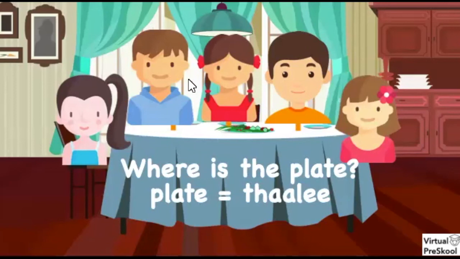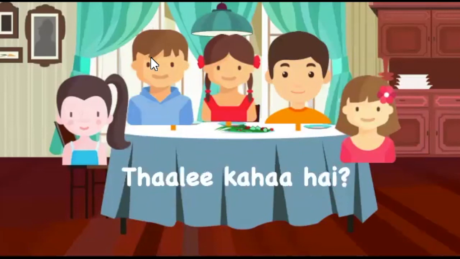And the Hindi word for plate is thali. So now put your whole Hindi sentence together to say, where is the plate? If you said thali kahan hai, shabash. Let's look at another one.